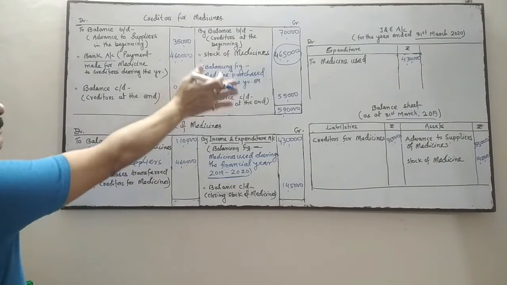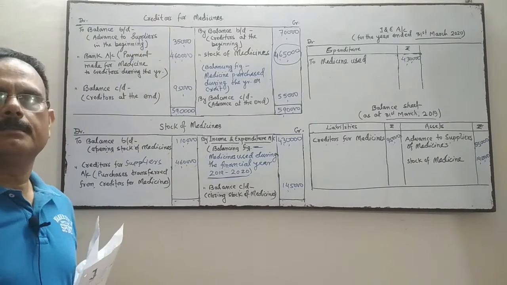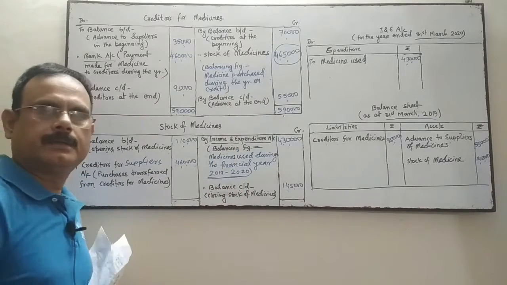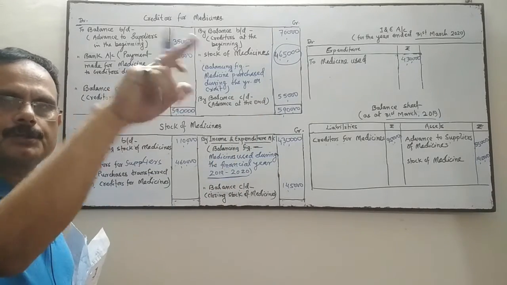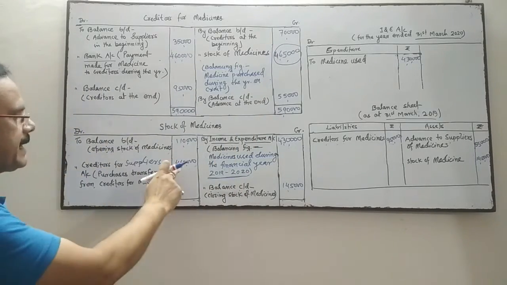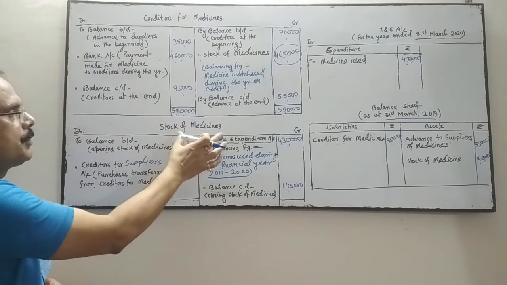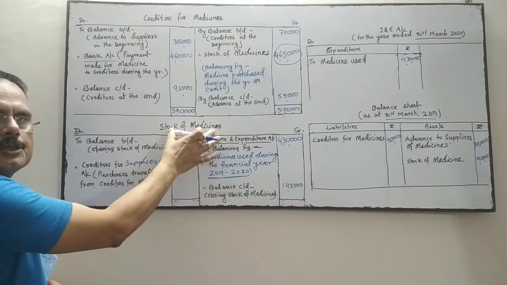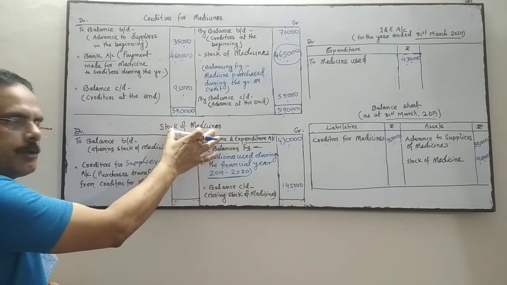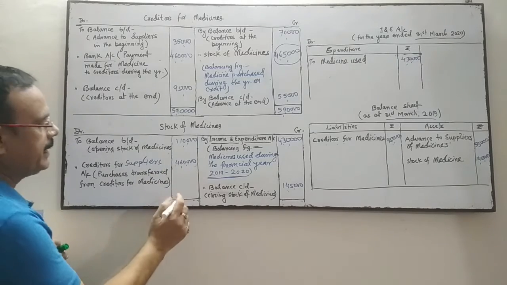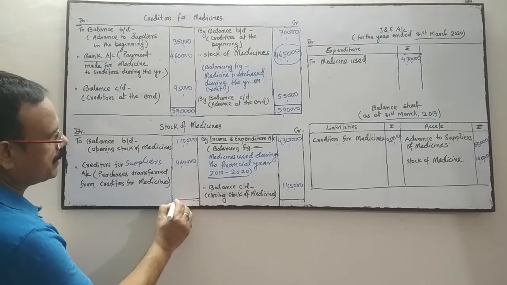I'm not going to prepare the previous ledger, creditors for medicine, because that was for the first question. In the second question it has been given directly. I'm going to put the 4,60,000 over here directly, and then I do the total.